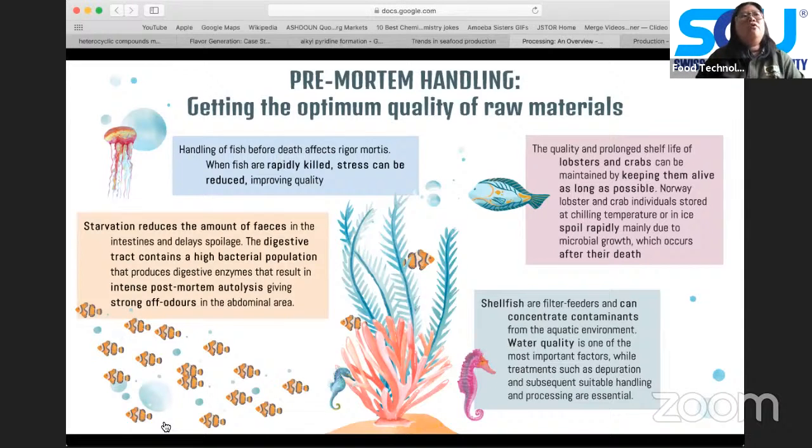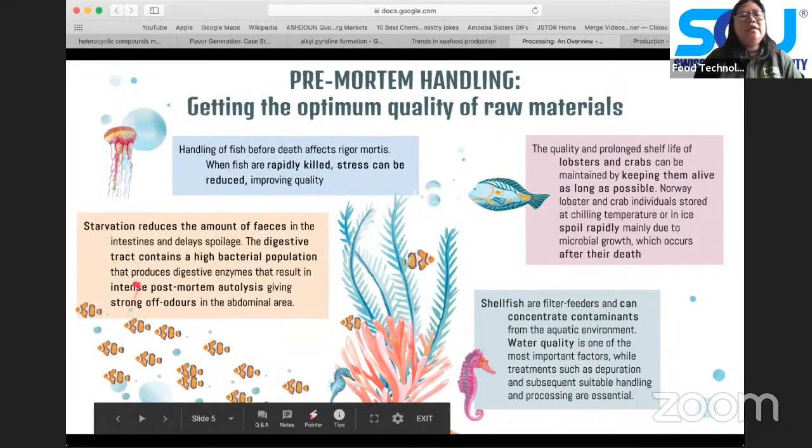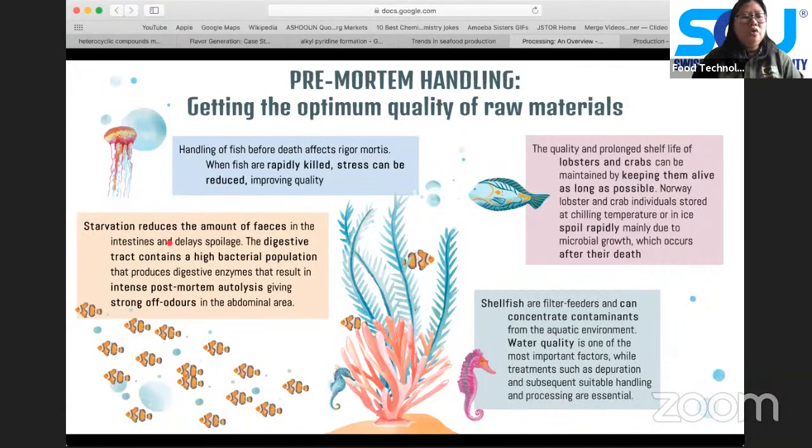Another factor for fish is the application of the starvation technique. Usually a few days prior to the slaughtering, the starvation practice is applied to reduce the amount of feces in the intestine.